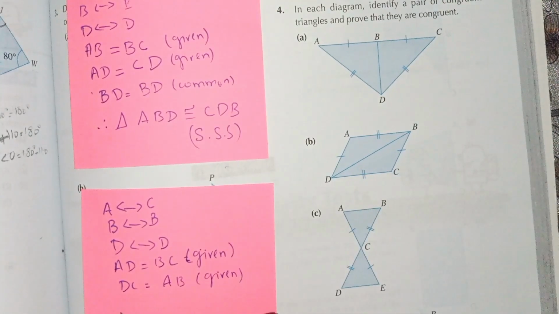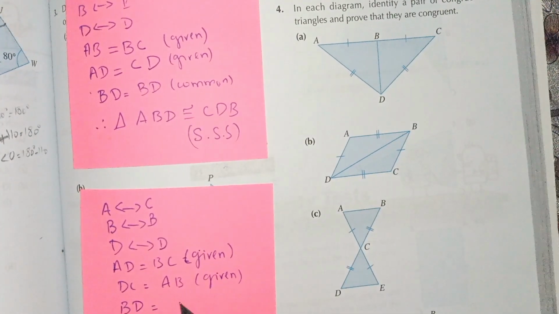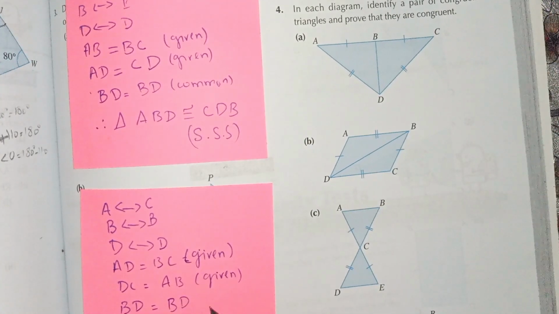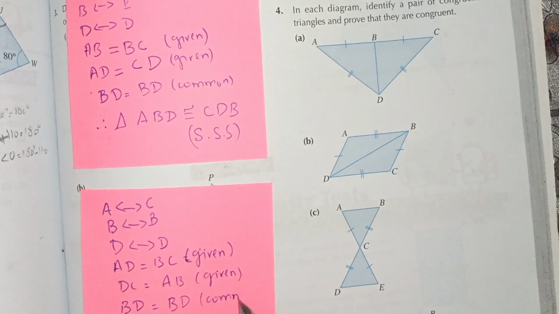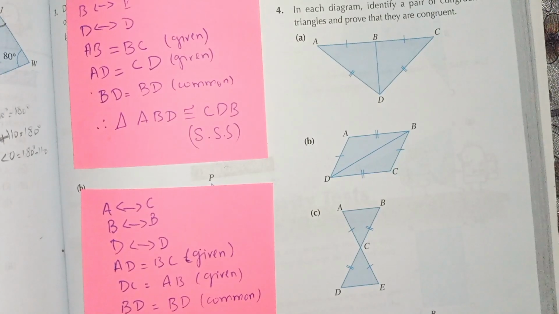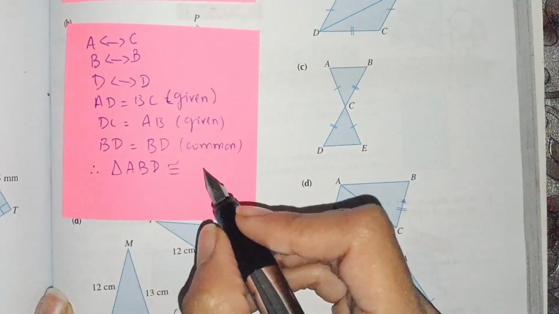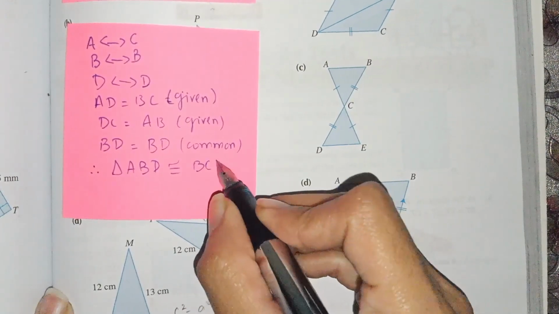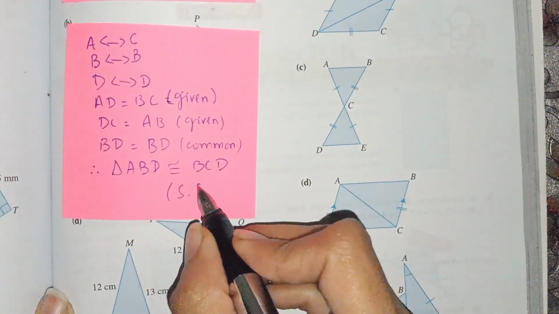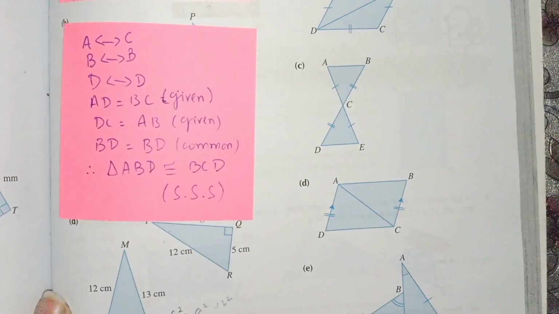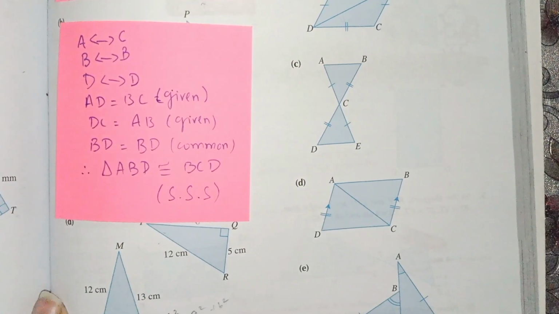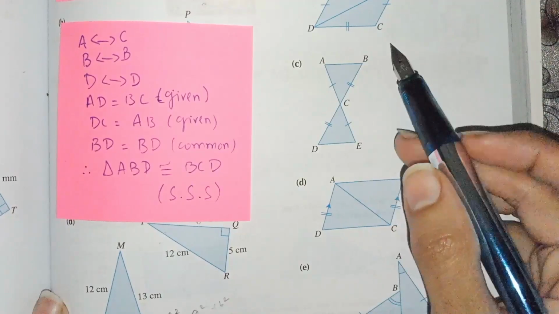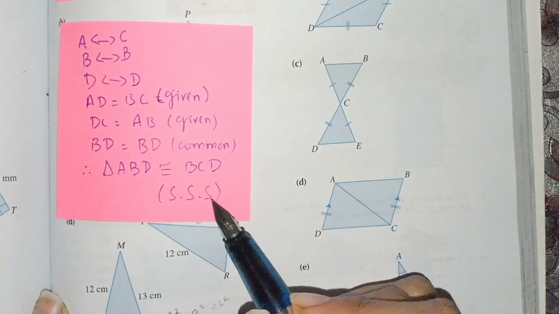The third side BD is equal to BD because this is a common side. Hence, triangle ABD is congruent to triangle CDB, because of the side side side congruency test, and that proves that both triangles are congruent to each other.